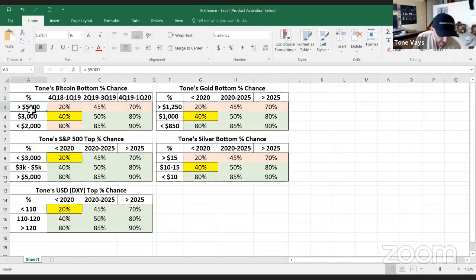So for me, the chances that Bitcoin was going to bottom in this bear market above 5,000 in this time period was only going to be 20%. Because you can have a correction through price and you can have a correction through time, okay?